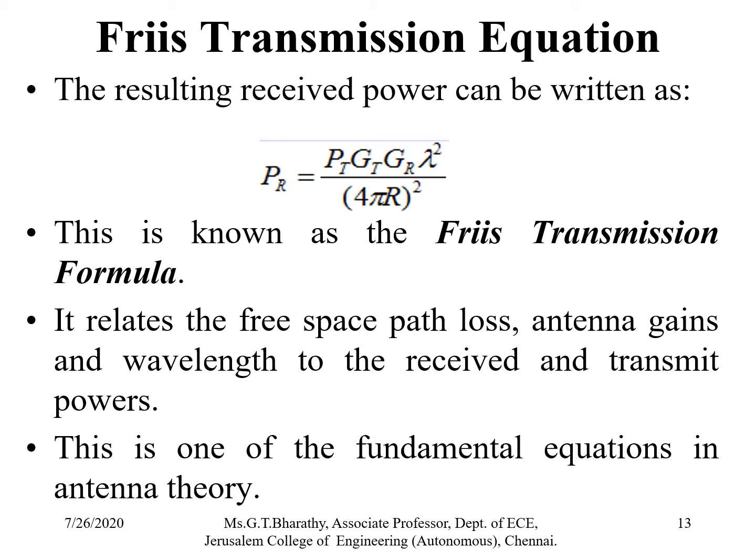This is considered one of the fundamental equations in antenna theory, which relates the free space path loss, the antenna gains GT and GR of the transmitting and receiving antennas, along with the wavelength, represented by lambda, to the received and transmitted powers.